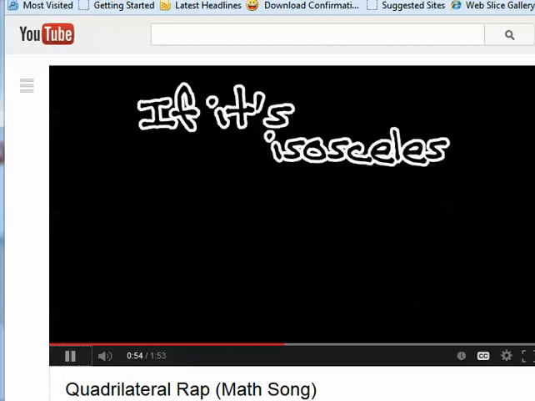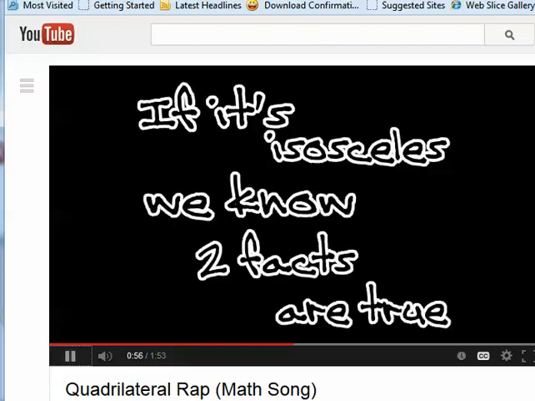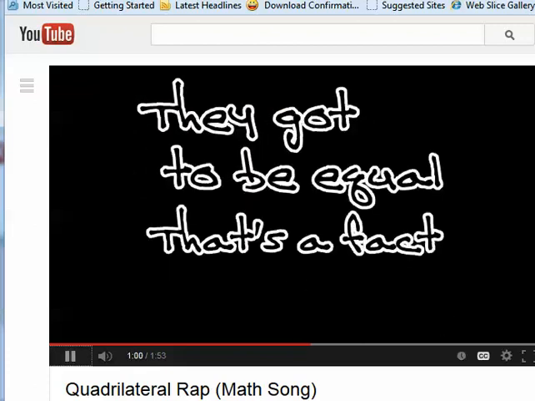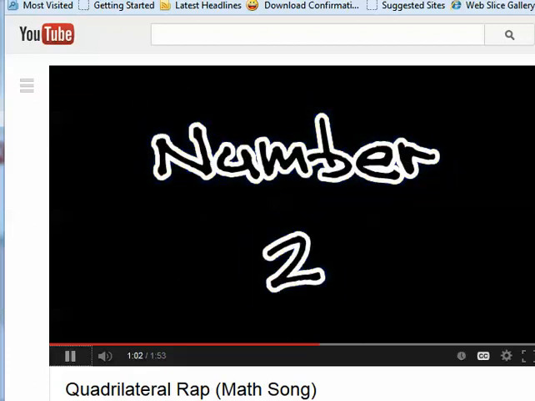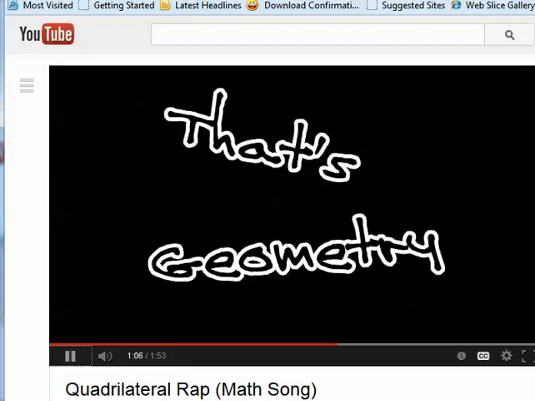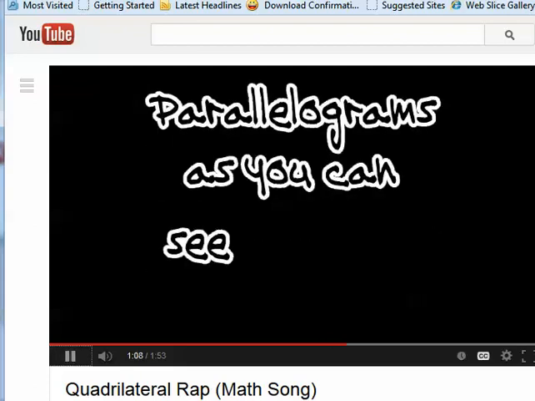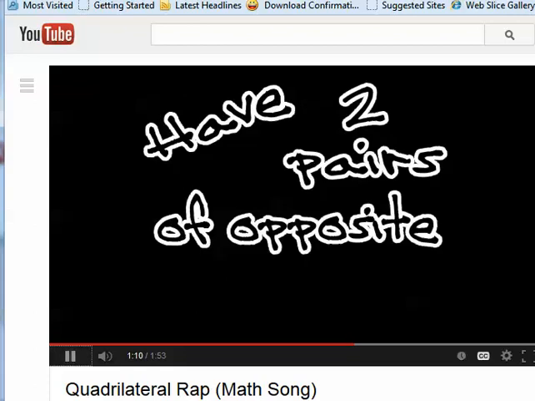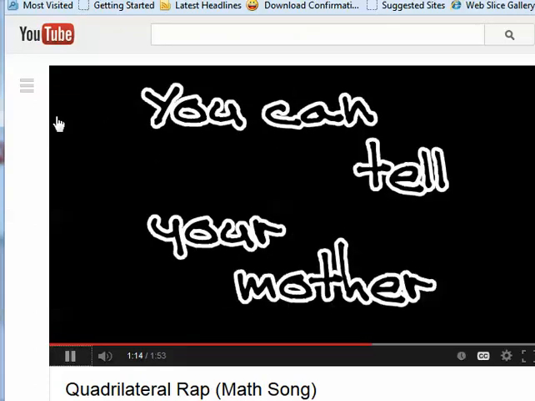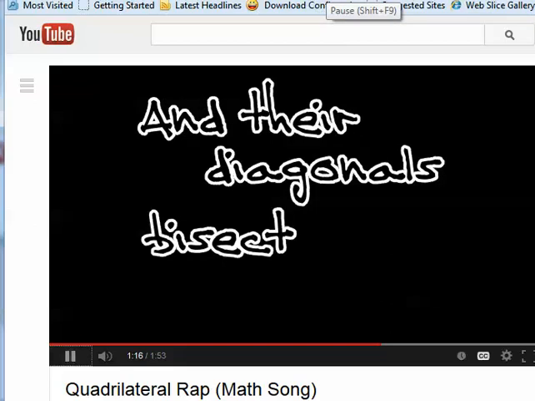If it's isosceles, we know two facts are true. Number one is the angles at the base. They got to be equal. That's a fact you can't erase. Number two, you can take it from me. Two sides are equal, that's geometry. Parallelograms, as you can see with your eyes, have two pairs of opposite parallel sides. Those sides are congruent, you can tell your mother, and their diagonals bisect each other.